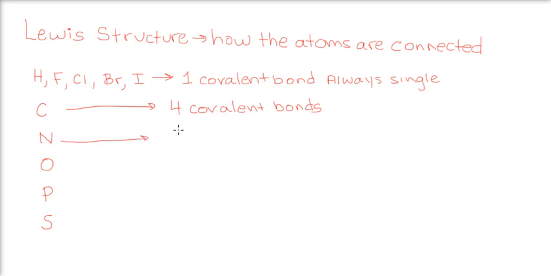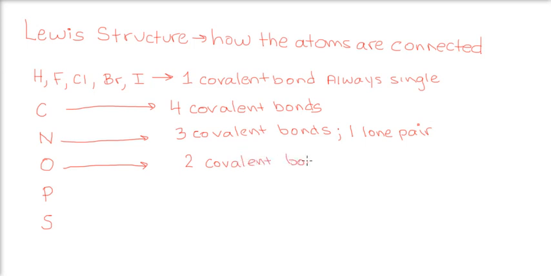Nitrogen will always make 3 covalent bonds. And in general, it will always have 1 lone pair. Oxygen will always make 2 covalent bonds. And it will always have 2 lone pairs.